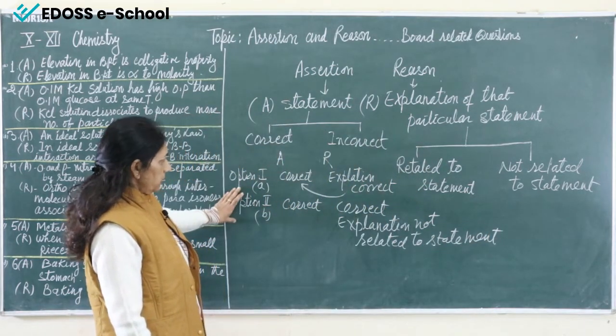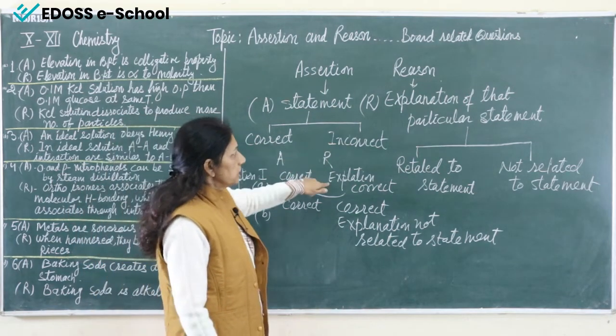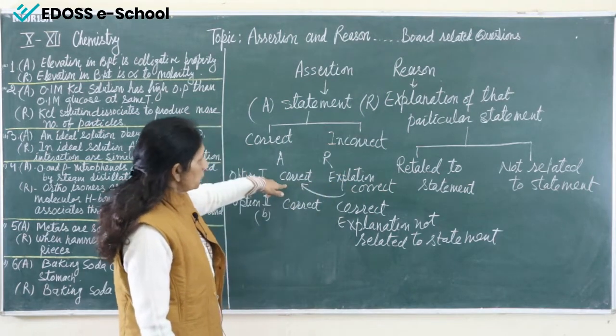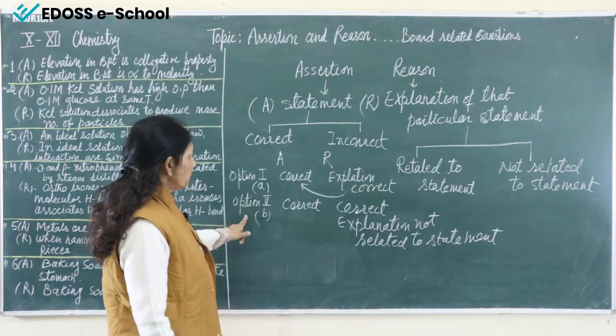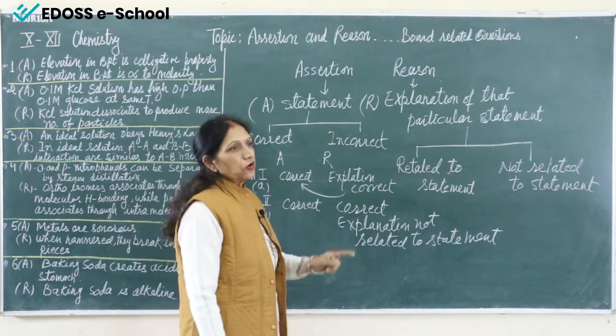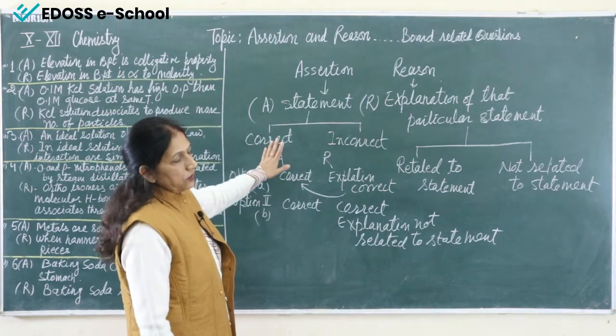So two options are here now. Option 1: the statement is correct, the explanation is also correct, and the explanation is related to the statement. Second option: the statement is correct and the explanation is also correct, but it is not related to the statement.